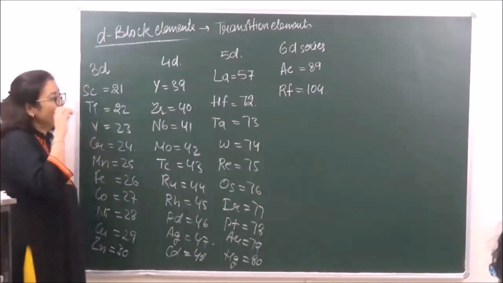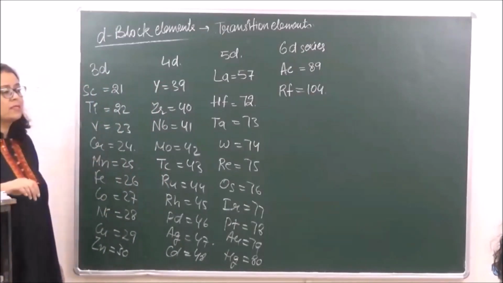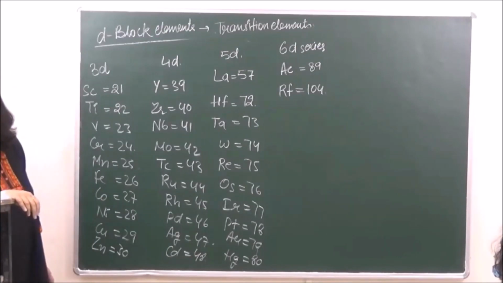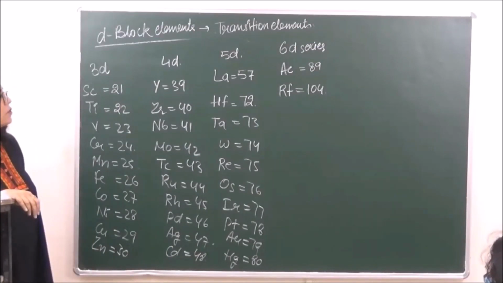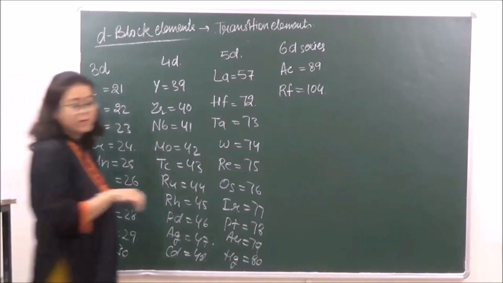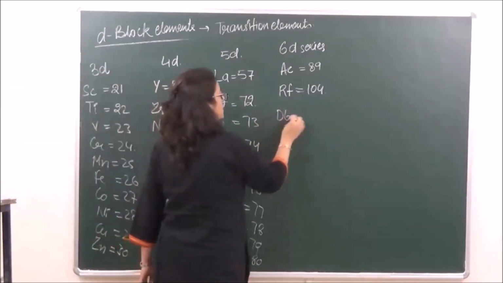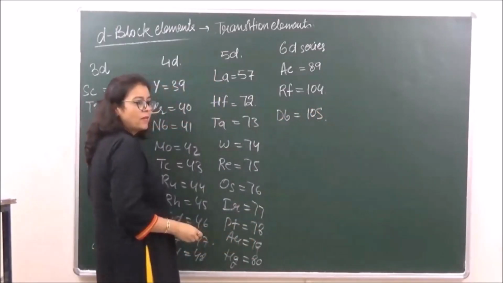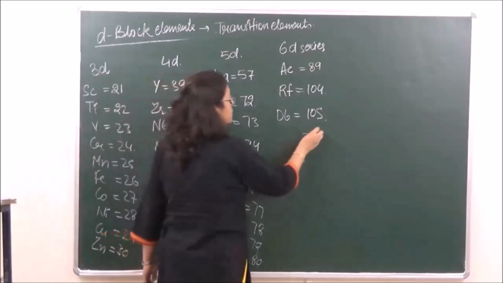When we were doing the periodic table, we said that up to 104 it has been approved, and after that the names are given according to the IUPAC nomenclature, right? So we have then Db, which is 105, and 106 would be written as what?